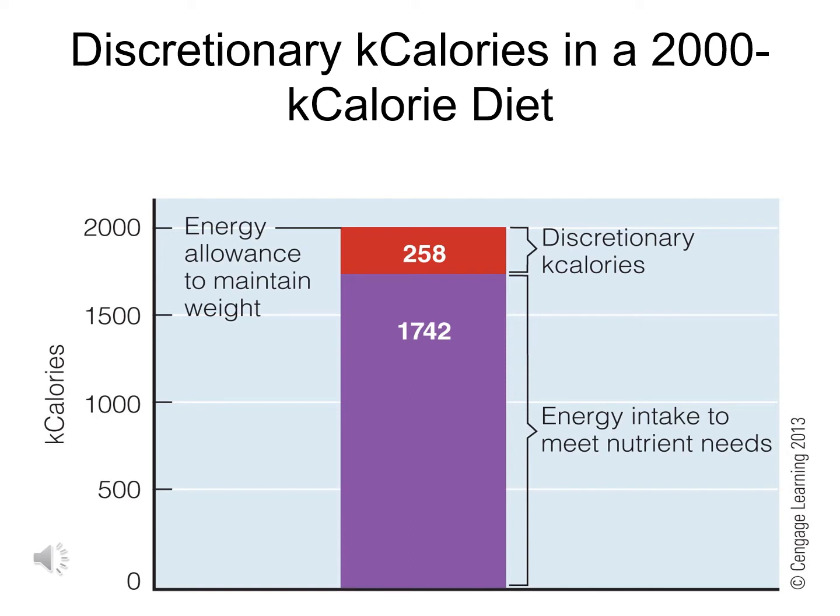And in this case, it's about 250, or specifically 258 extra calories to use. Again, however you wish. You can add on maybe some snacks, some foods with a higher fat or sugar content, a serving of alcohol, or if you are trying to lose weight, you simply are not going to use that allotment of discretionary calories.